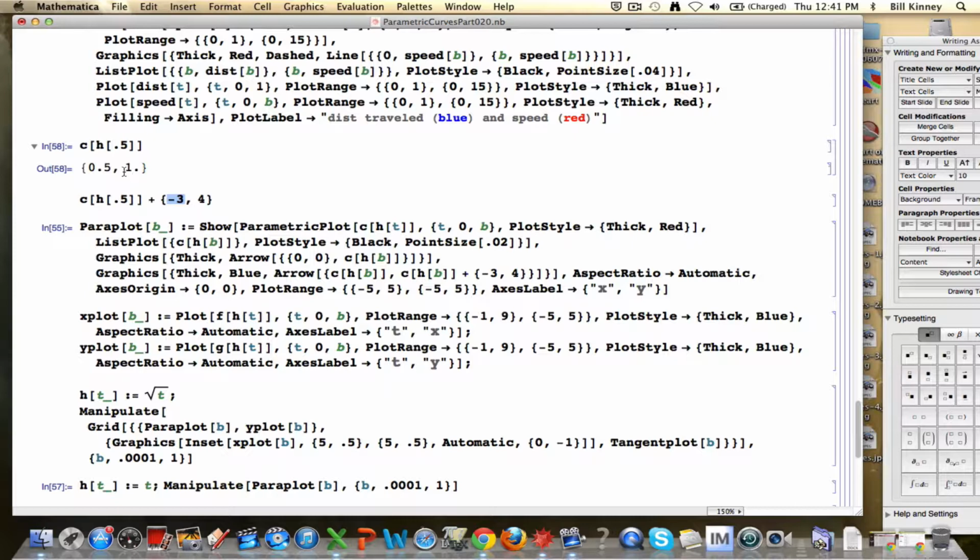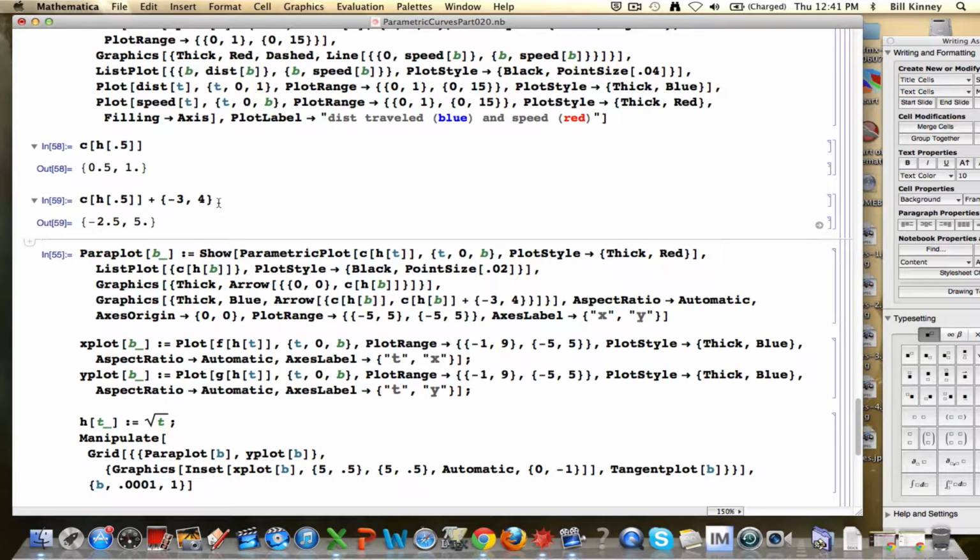And the second component of the answer will be 1 plus 4, 5. And that's what will happen when you enter this. You get the vector whose first component is -2.5 and whose second component is 5.